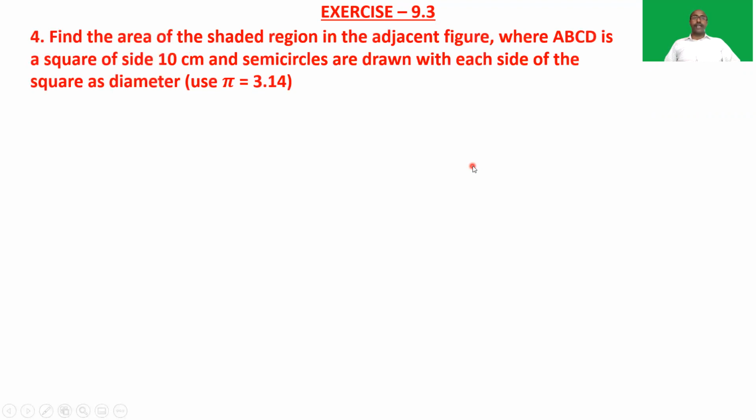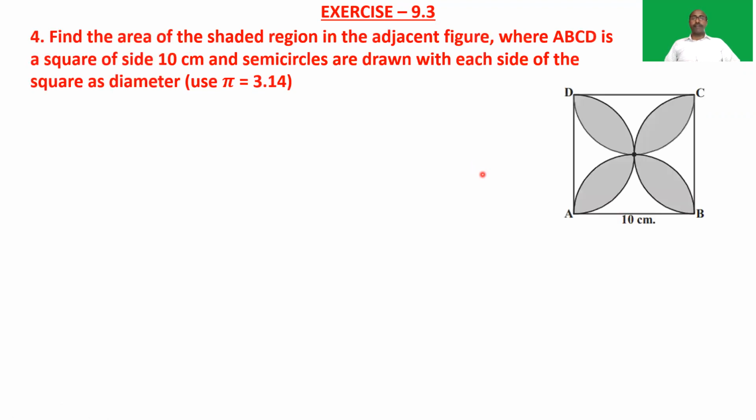Find the area of the shaded region in the adjacent figure, where ABCD is a square of side 10 centimeters and semicircles are drawn with each side of the square as diameter. So here we have the figure. In this figure, ABCD is a square of side 10 centimeters and on each side of this square, a semicircle is drawn like this.